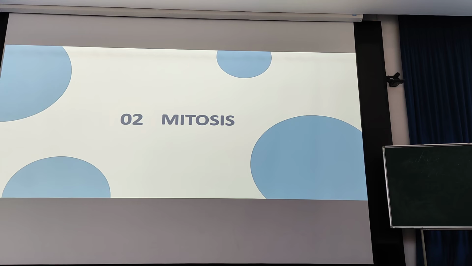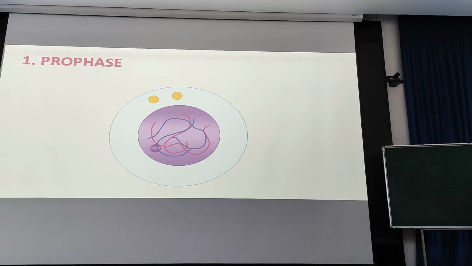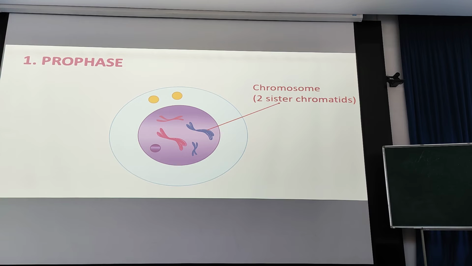Mitosis begins in the prophase. The chromatins condense to form a classical chromosome structure having two sister chromatids linked by a centromere.